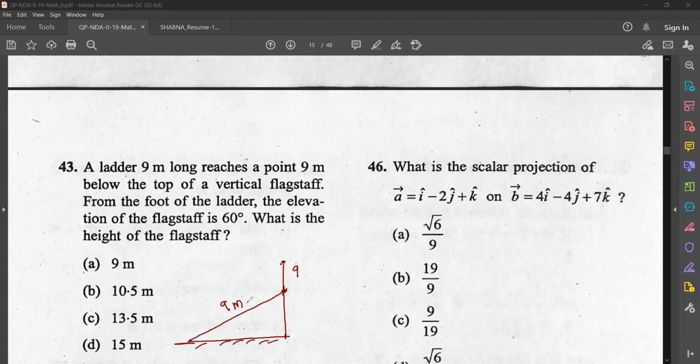The elevation of the flag staff is 60 degrees. What is the height of the flag staff? Okay, we have to find the height of the flag staff.